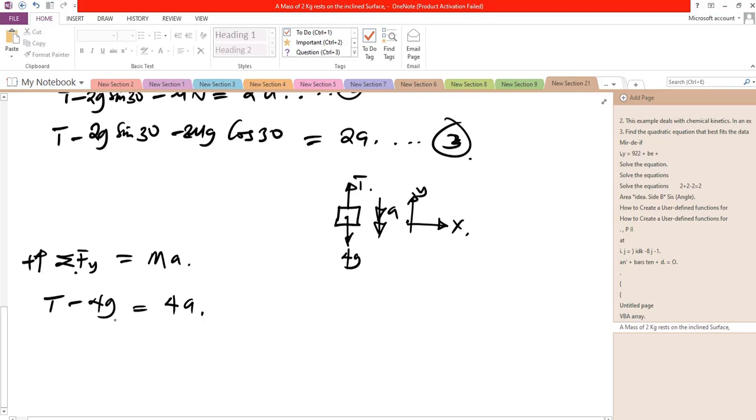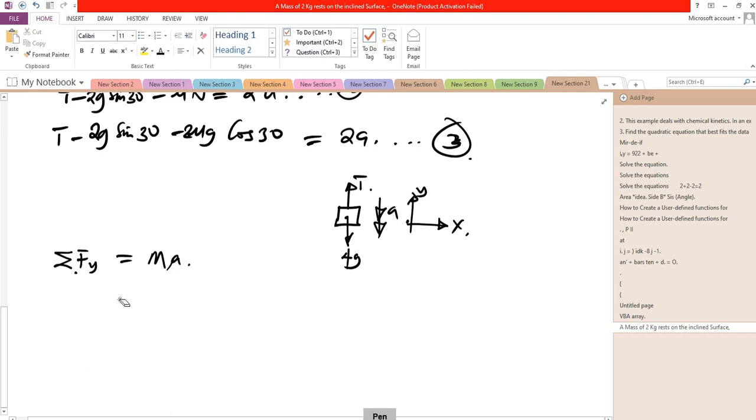Let me use the direction of the motion, because the direction of motion defines how the object will move.